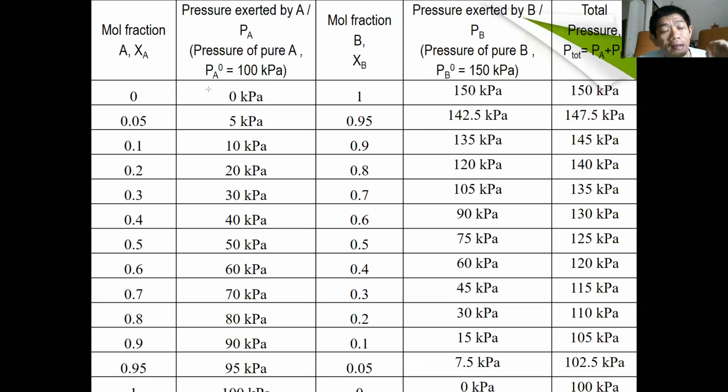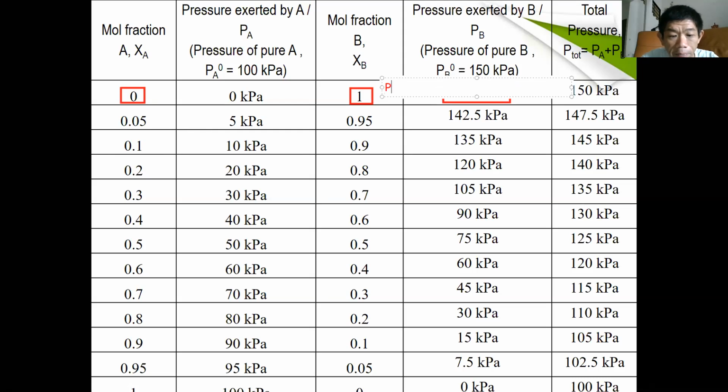It's either A and B. When mole fraction of A is 0 and mole fraction of B is 1, it means that now the whole mixture contains only B. So XB equals 1 is indicating the pure vapor pressure of B. Okay, so this is the pure vapor pressure of B in here.